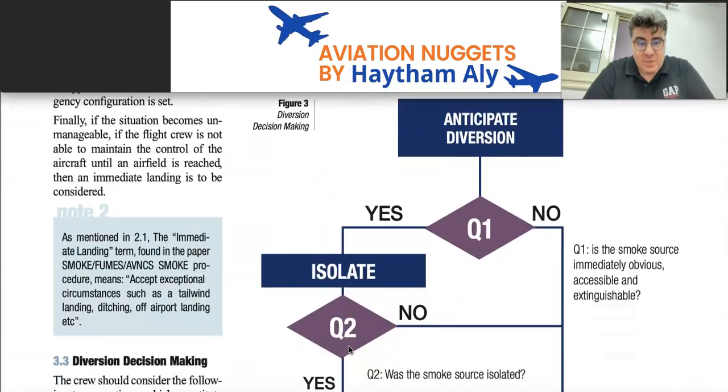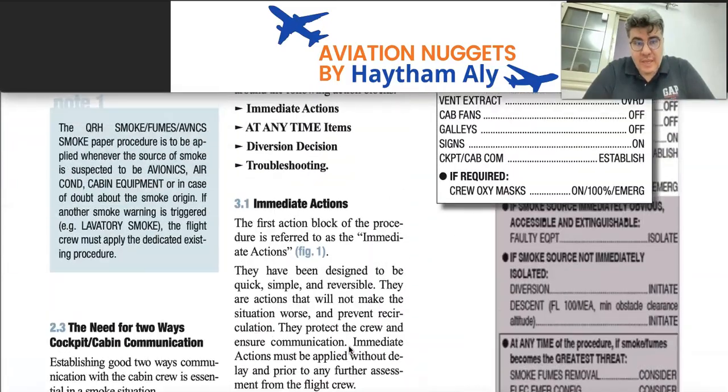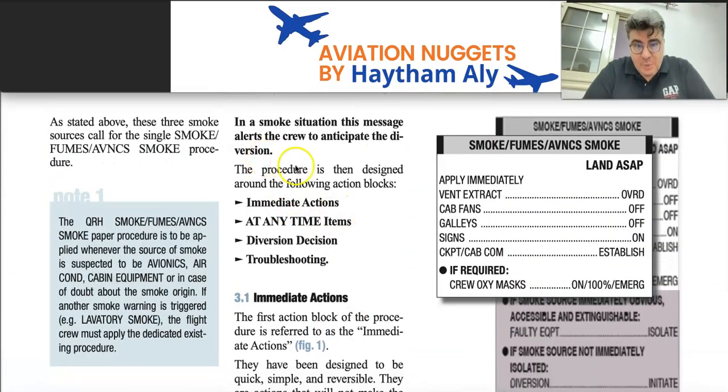Okay, let's continue. As you can see here, in the procedure for smoke or avionics smoke fumes, you have immediate actions, like here for ventilation. At any time, emergency electrical shedding if the situation becomes worse.